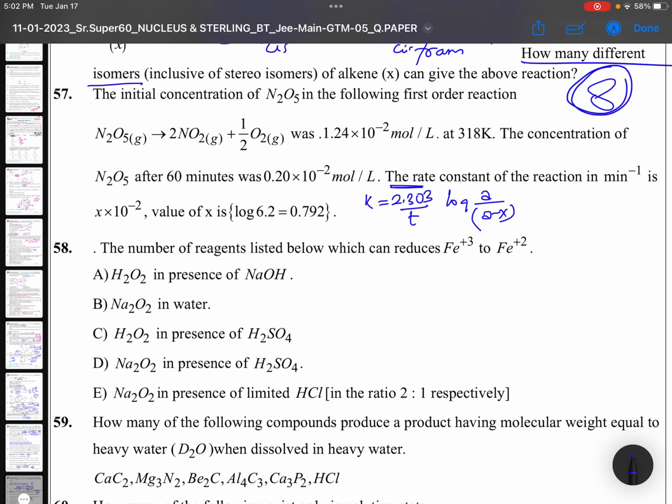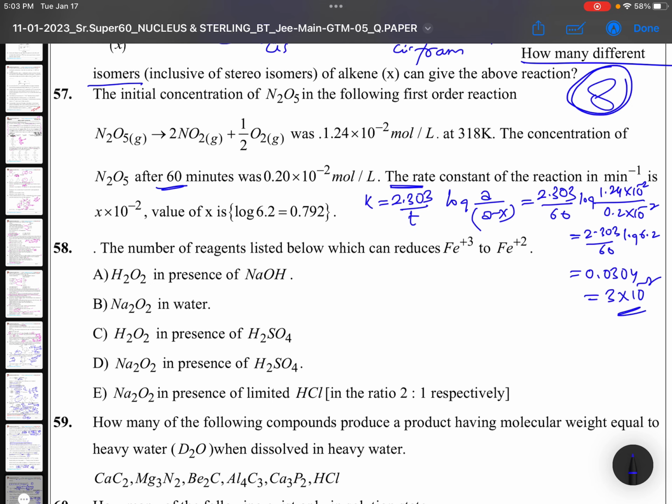After 60 minutes time, it will be 2.303 by T log 1.24 times 10 to the power of minus 2 by 0.2 times 10 to the power of minus 2. So that is nothing but 2.303 by 60 log 6.2. So overall it is going to be 0.0304, about 3 times 10 to the power of minus 2.